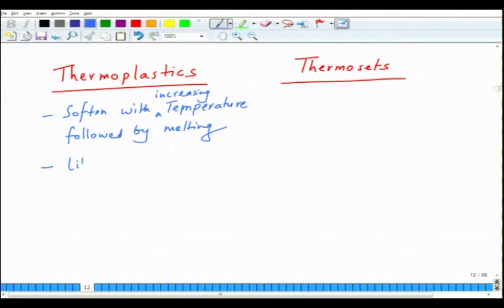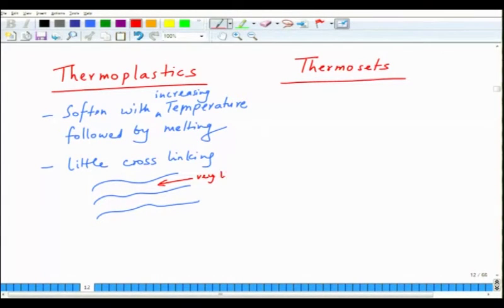They have very little cross linking between chains. So, if you have chains of polymers, there is very little cross linking. And then they are typically ductile.